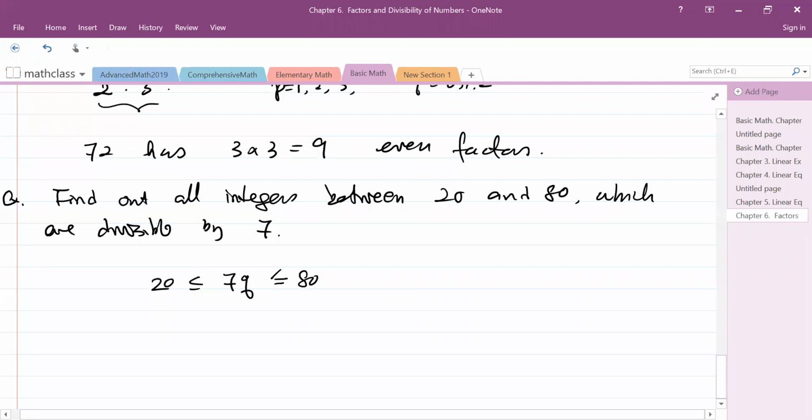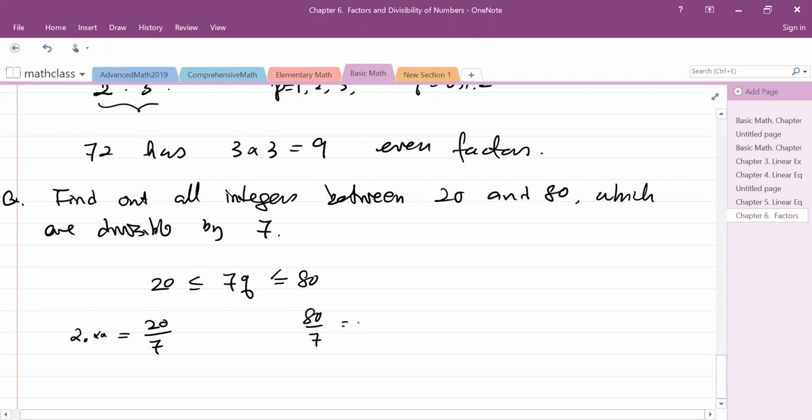Okay, yeah. So 20 divided by 7, right? 20 divided by 7 is going to be 2 point something. And then 80 divided by 7, right?